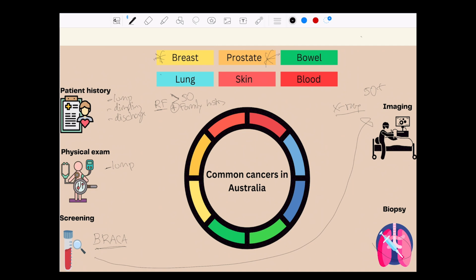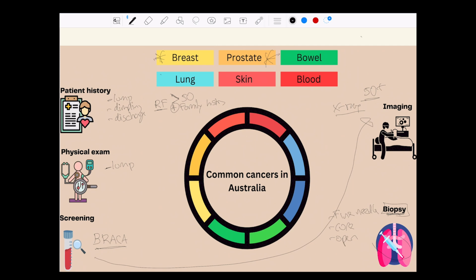And then if there is suggestion of density or possible tumours in the breast tissue, then a biopsy is performed to diagnose. And this could be done through a fine needle or a core kind of punch biopsy or a full open biopsy, which would be a surgical approach. And again, the biopsy would be confirming the cancer and the type of cancer.